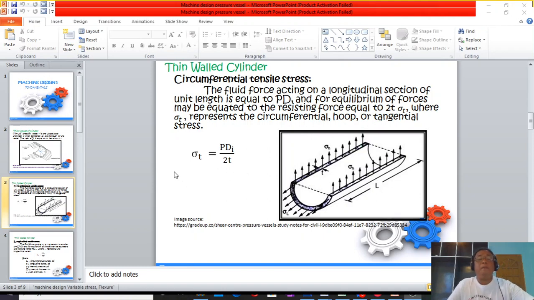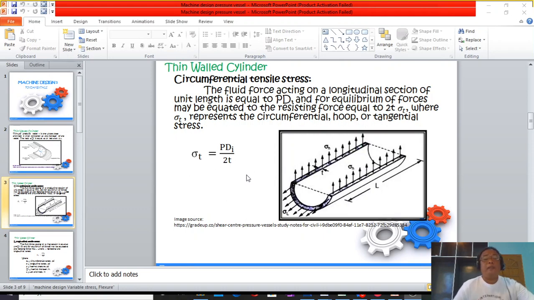So that is why the force acting due to the pressure equals P, the pressure inside the cylinder, multiplied by the inside diameter multiplied by L.